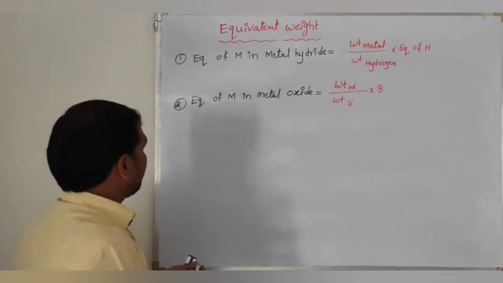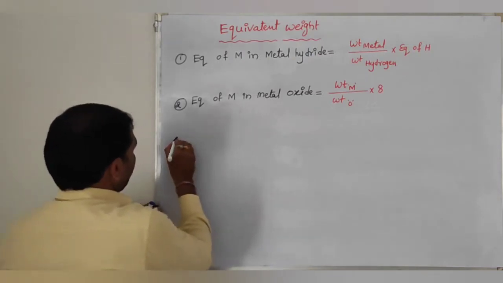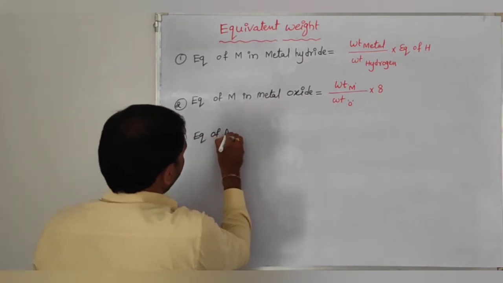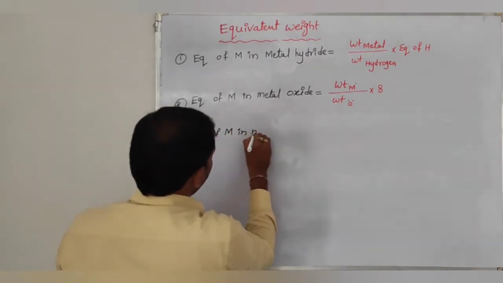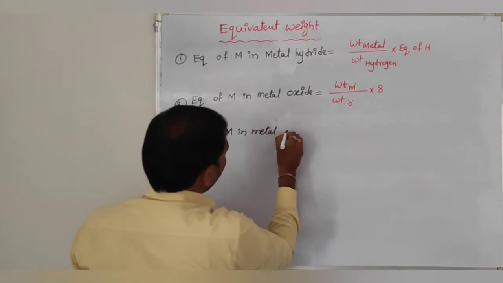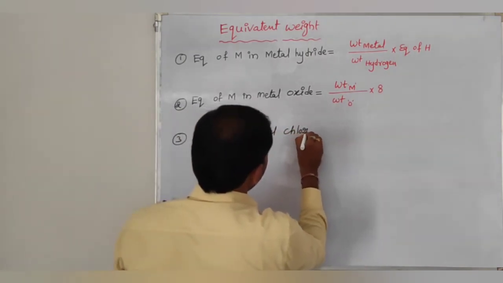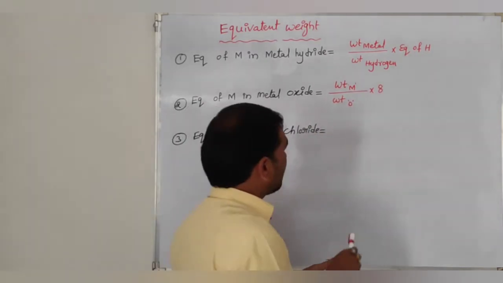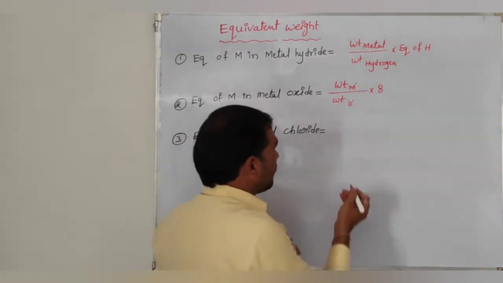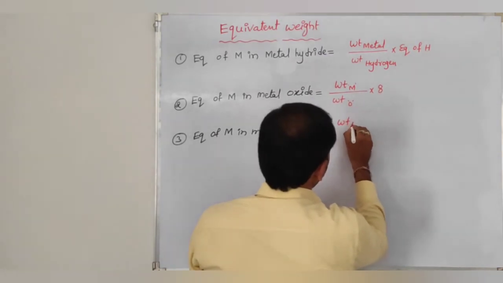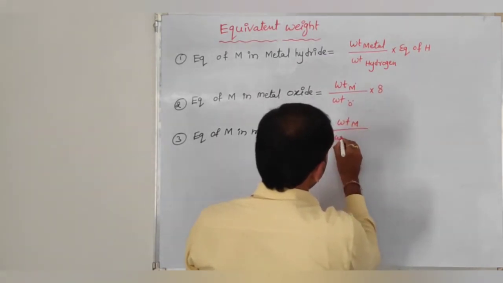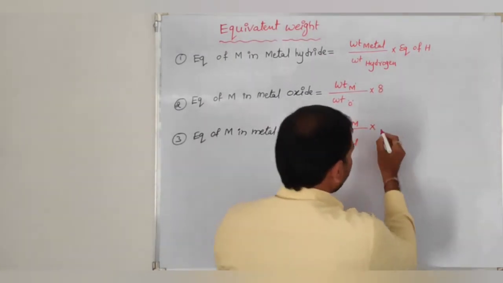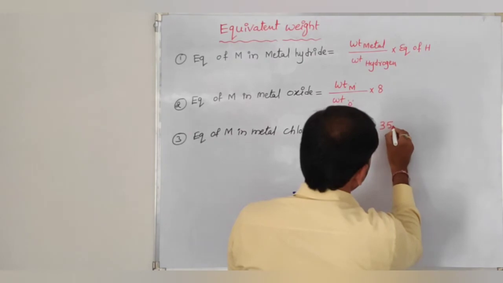Okay, then coming to next one, equivalent weight of metal in metal chloride. That is equal to the same formula, but instead of oxygen we should take chlorine. So weight of metal divided by weight of chlorine into equivalent weight of chlorine, that is what, beta here, 35.5.